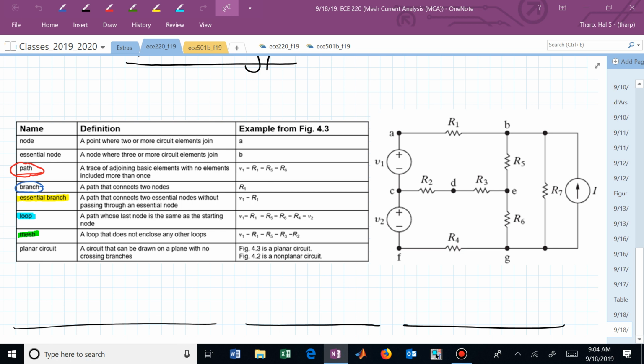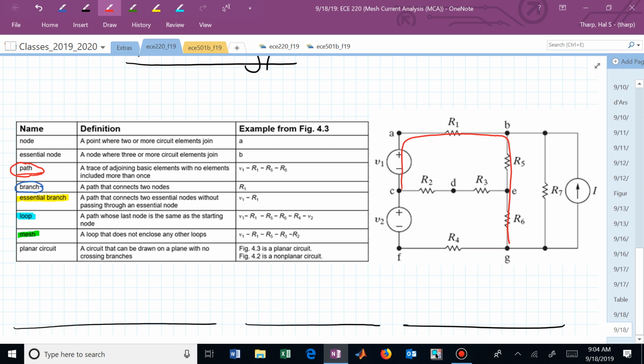A path is really just starting at one node and going to another node without passing through or passing over yourself. So that could be considered a path. It doesn't have to start and stop at the same location. That's a path.